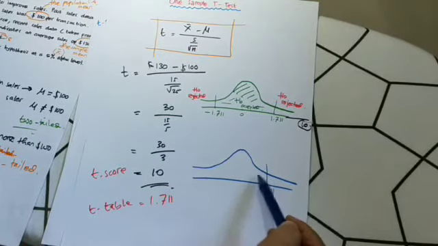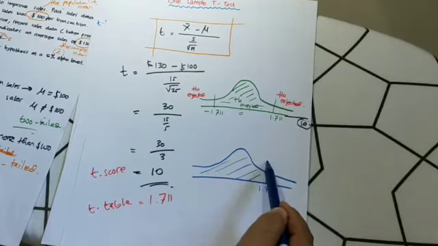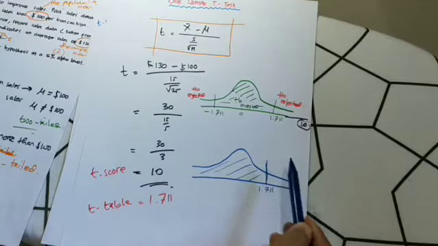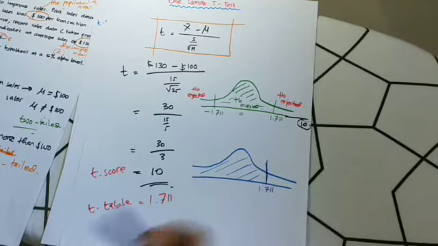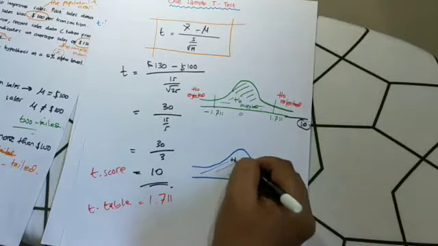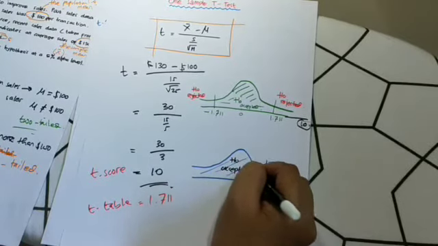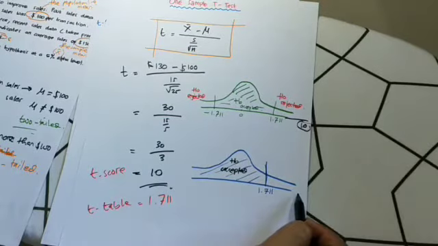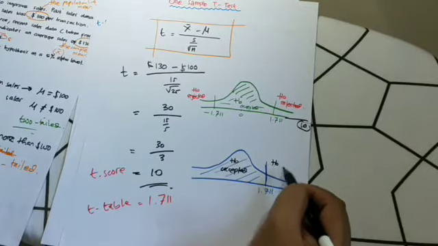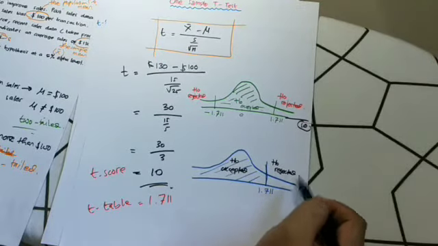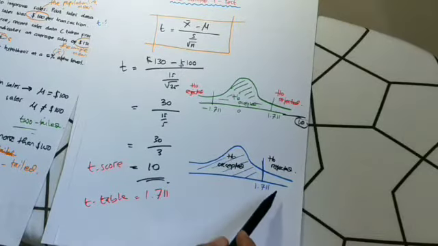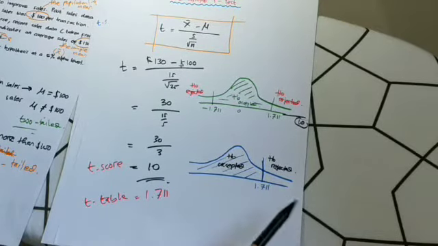On the left side of this line, the null hypothesis is accepted, but more than 1.711, the null hypothesis is rejected. It means your alternate hypothesis is accepted, which is there is difference in sales, and sales are more than $100, which is $130.